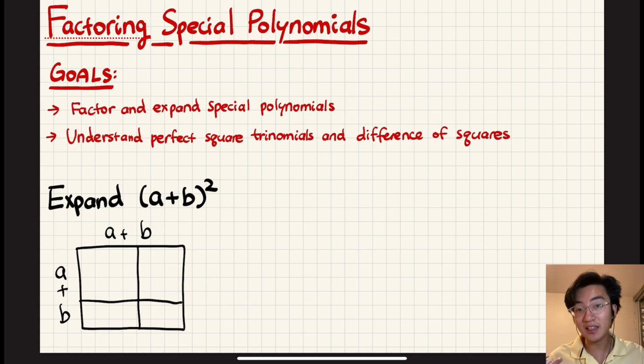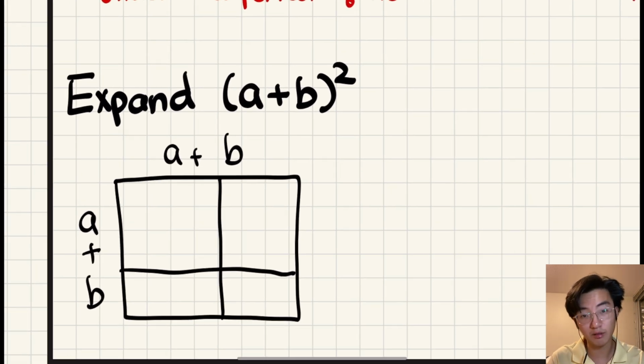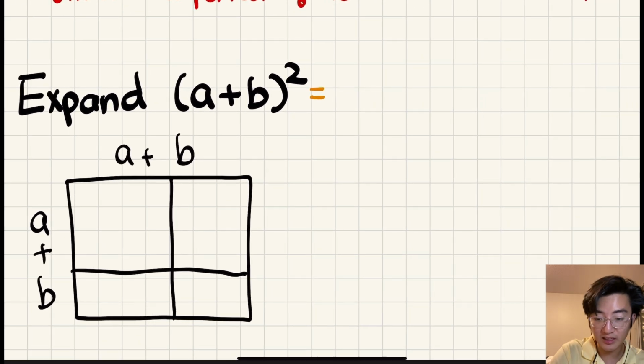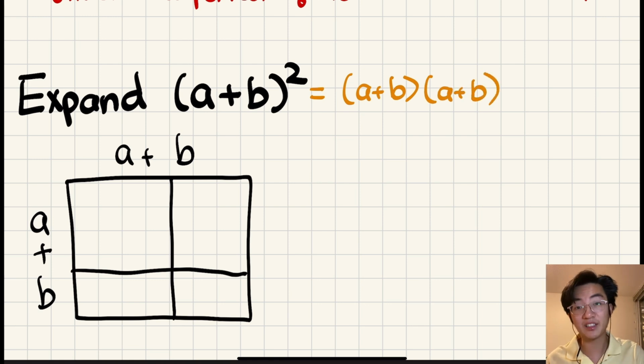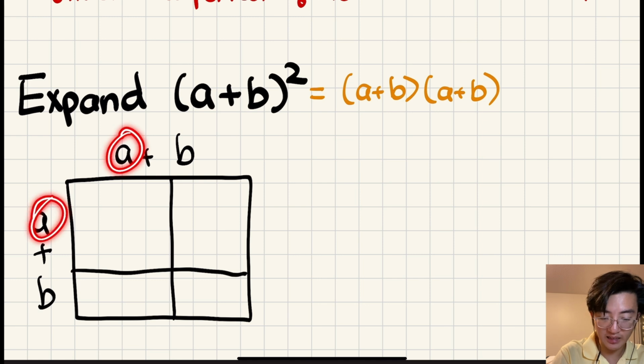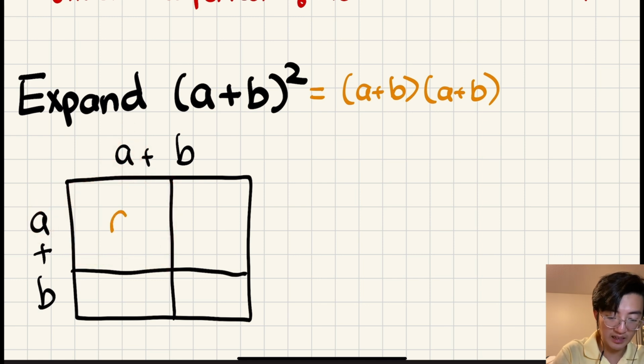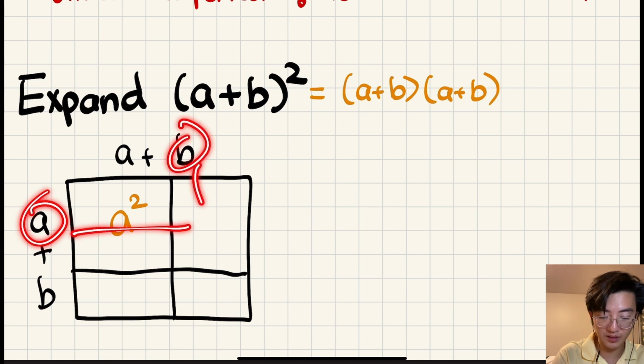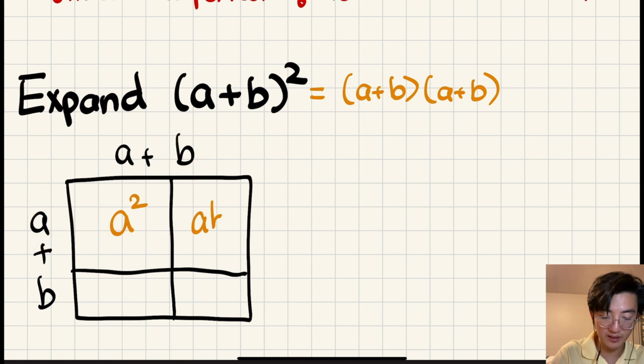So with that being said, let's go over expanding a plus b squared. All we are doing here is a plus b times a plus b. If we lay out a rectangle diagram here, we have a times a in our first space, getting us a squared. In the second space, we have a times b, so for this tile we get ab.